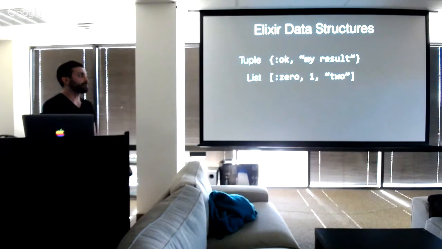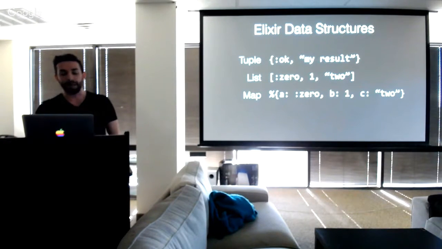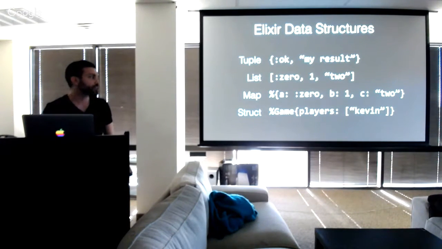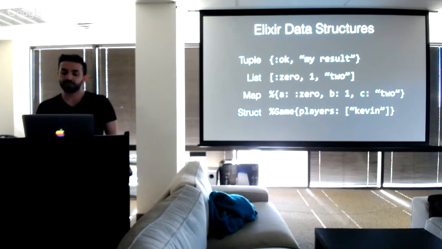They can be of multiple types, hold many things. There are maps with keys and values. Again, they can be multiple types, both the keys and the values within a map. And then there are structs, which act very much like maps, but they are of a defined structure, and you can even set default values for the elements in structs. So these are the basics of the data structures that we'll be looking at today in the code.